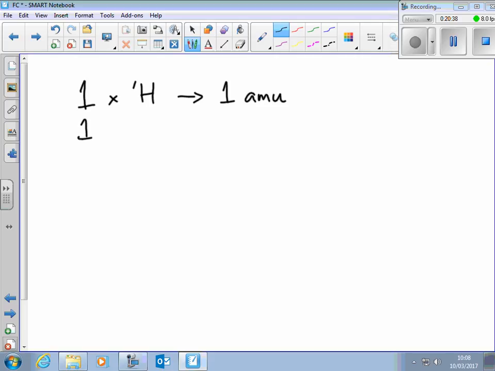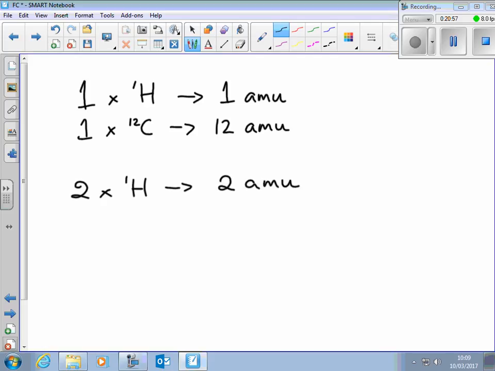If we've got one of those, you've got 12. So now basically, if you multiply this up by any factor, the ratio is going to stay the same. If we've got 2 lots of hydrogen 1, that's a mass of 2 atomic mass units.